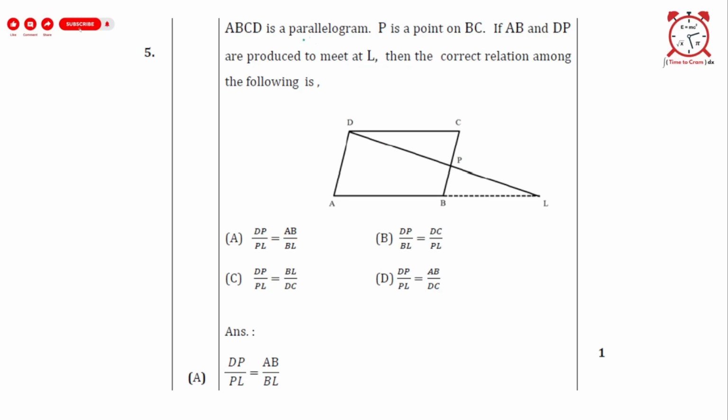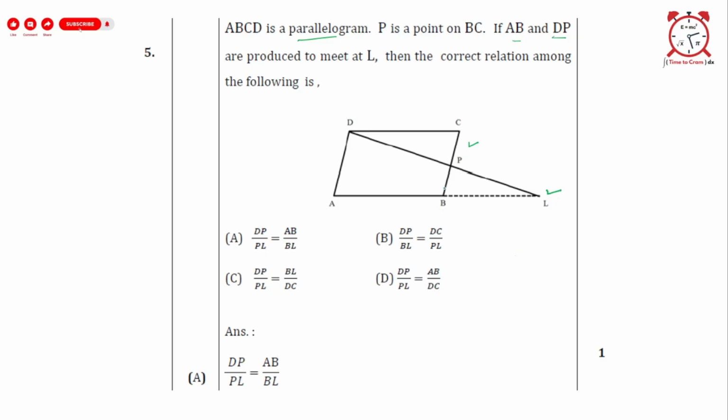ABCD is a parallelogram. P is a point on BC. If AB and DP are produced to meet at L, then the correct relation among the following is this.